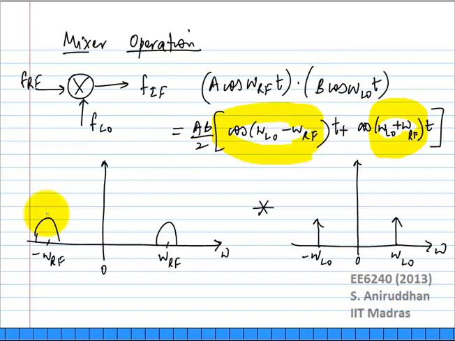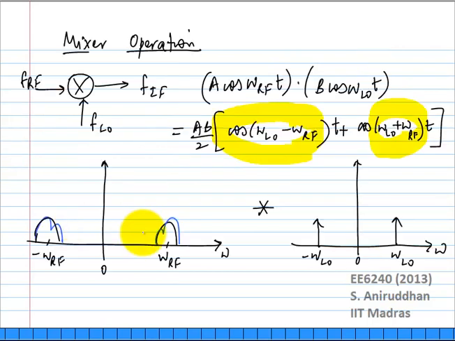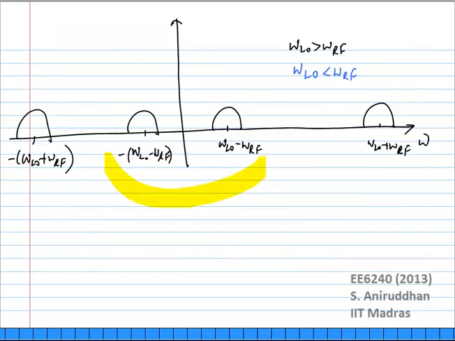let us say the signal looks like this. I am looking at a one-sided signal, and the case when omega LO is less than omega RF. What will happen? The original signal looks like this, but on this side I will get something like this. I will get an inversion.